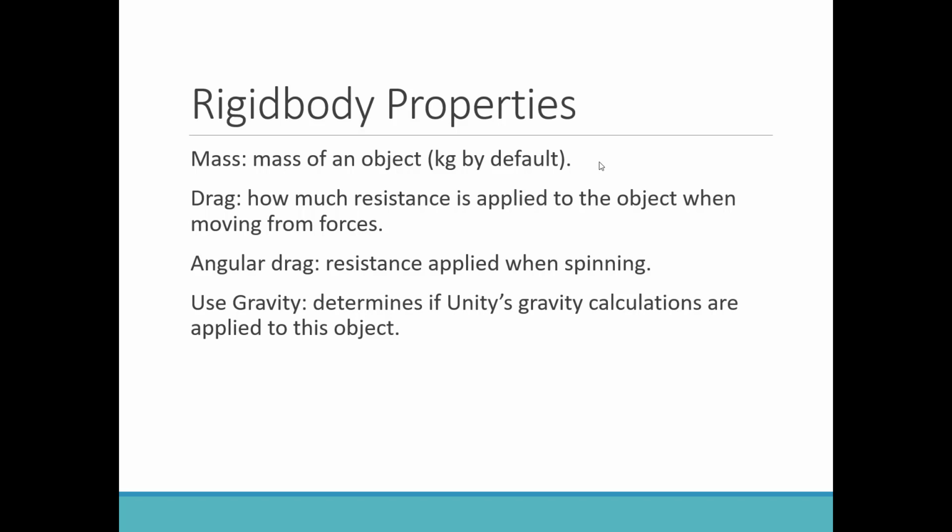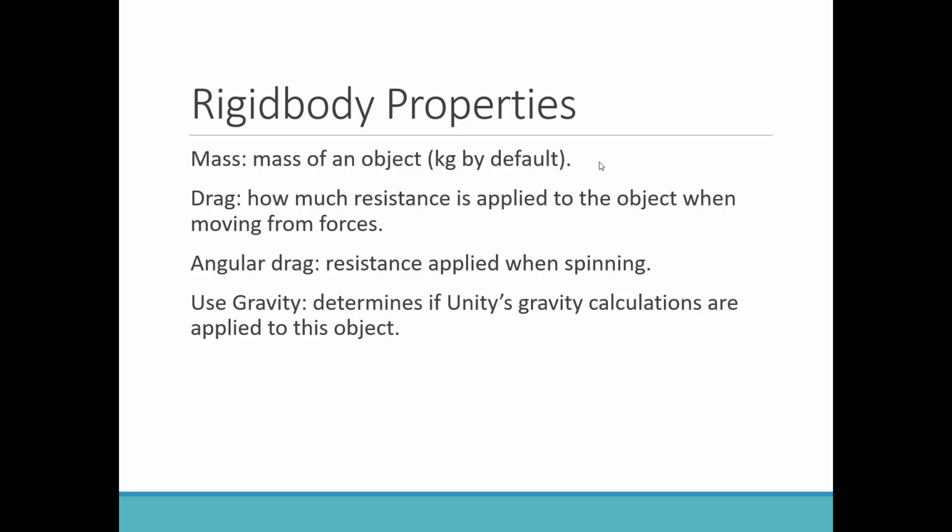So it'll slow it down. It kind of simulates friction. For example, if your objects are moving in the air, you would set up a drag that would be much less than if your objects were meant to be in the water. The angular drag is pretty much the same thing, but it's applied to rotation when the objects are spinning.